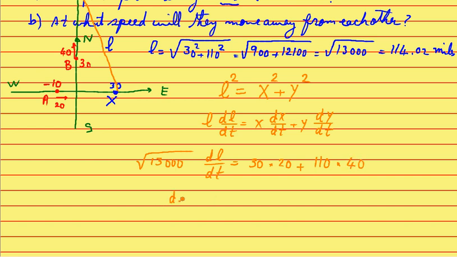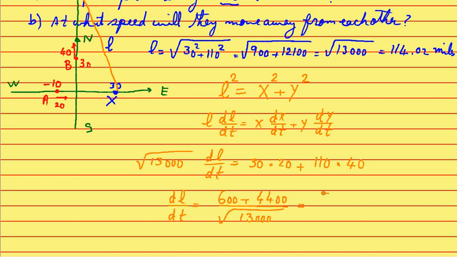So dL/dt, the rate at which they move away from each other at that particular moment, is going to be 30 times 20, that is 600, and these two is 4,400. Now I divide by the square root of 13,000.